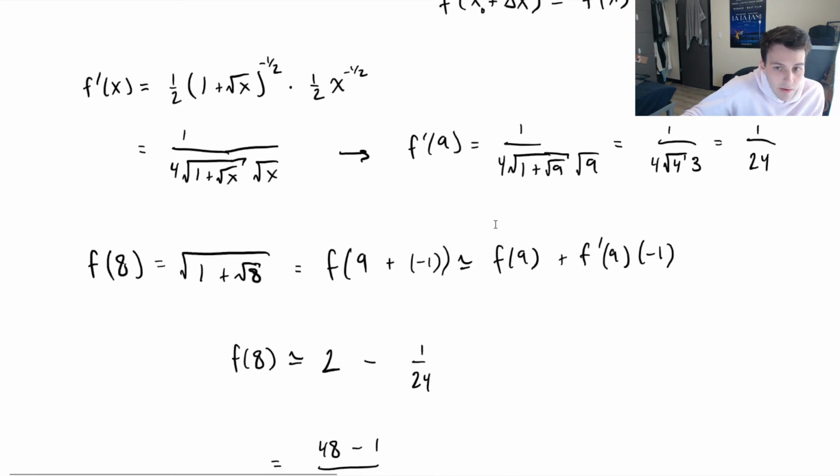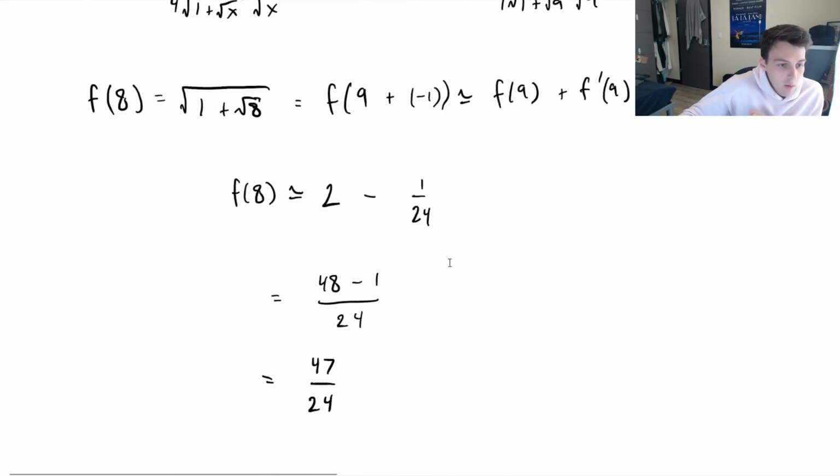We evaluate the derivative, plug it into the equation, and then we can show that f of 8 is approximately equal to 47 over 24.